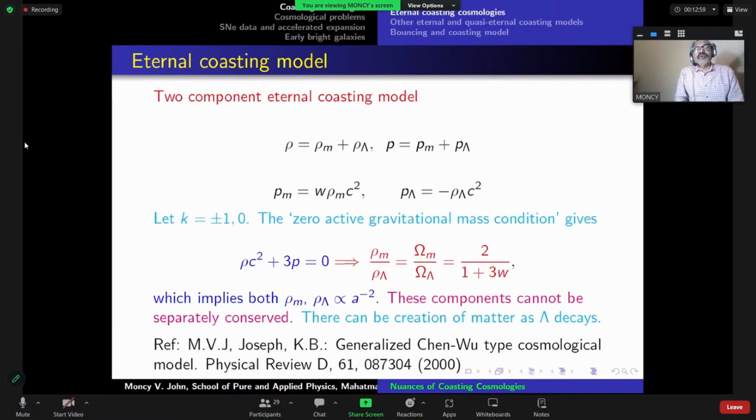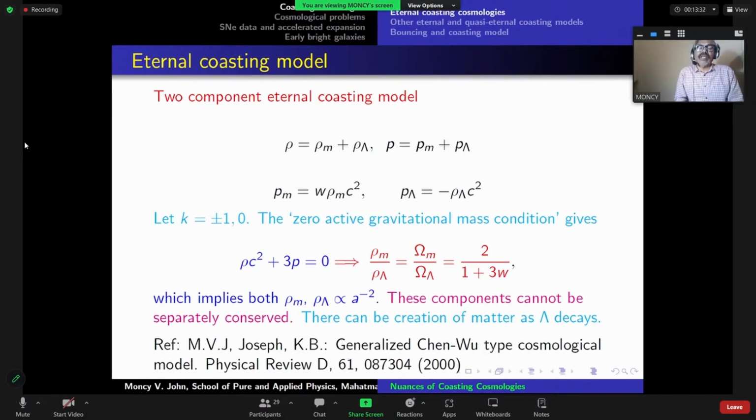Instead, if you have two components in the cosmic fluid, there is a possibility for a viable cosmological model, which we call the eternal coasting model. Here, rho is the sum of a matter term and a lambda term, the cosmological constant. The corresponding pressures are also the sum of Pm and P lambda. Pm has the matter equation of state with W, and P lambda has the equation of state parameter -1.